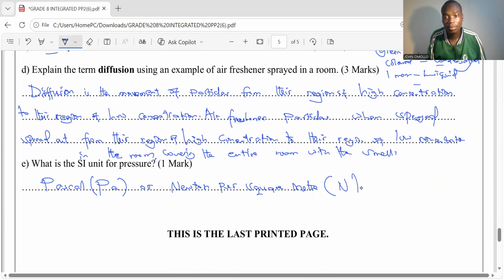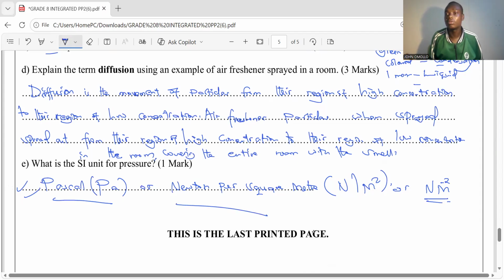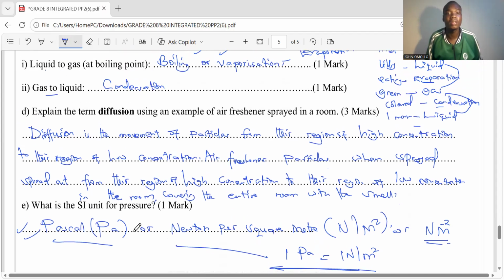Are you getting that? Pressure can be measured in Pascal or Newton per square meter. We know that 1 Pascal is equal to 1 Newton per square meter. So whether you get 10 Pascal, that is the same as 10 Newton per square meter.